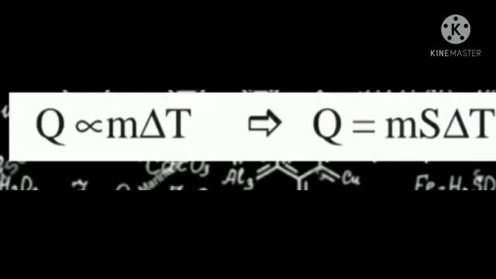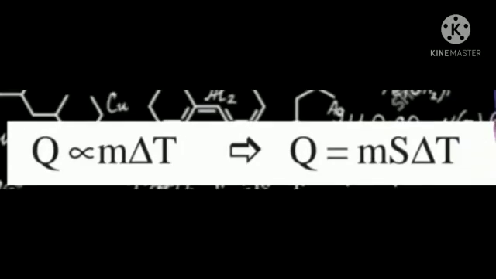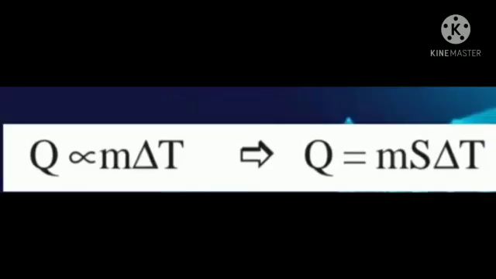Right? Here two relations are there. Q is directly proportional to m. Q is directly proportional to delta T. From these two relations we get Q is directly proportional to m delta T. That means Q equals, what is Q? The amount of heat absorbed, right?